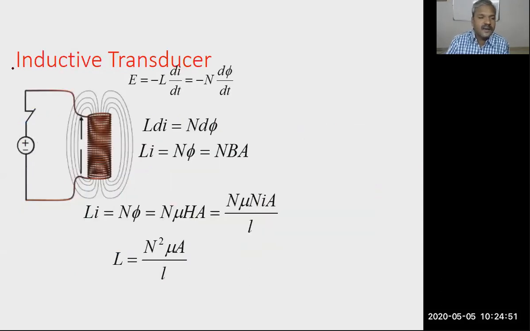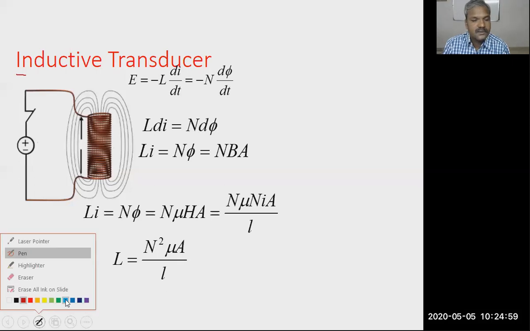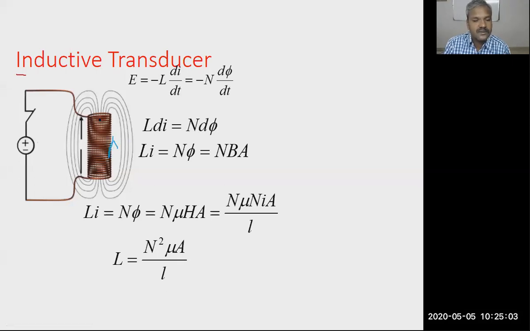Basically, an inductive transducer has a number of turns, N, in the coil. Here E is the EMF, based on Faraday's law.